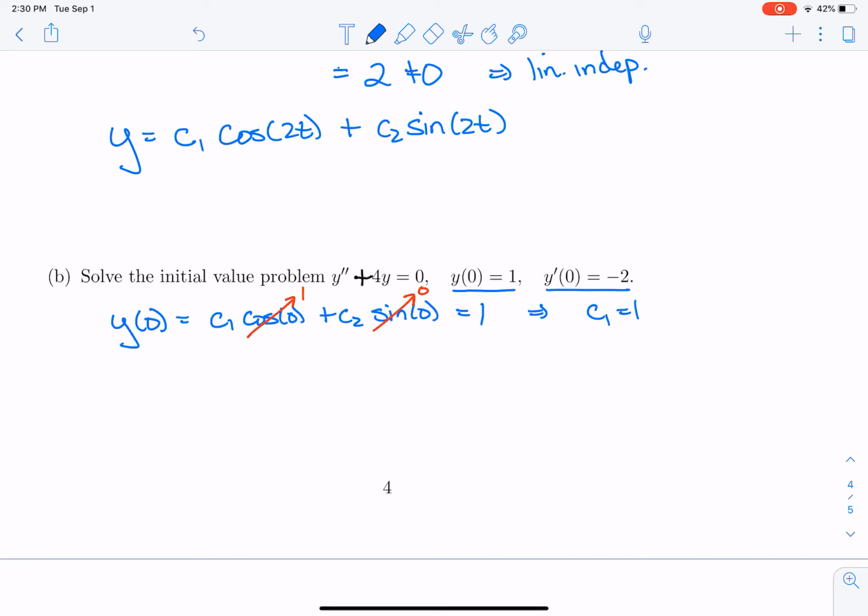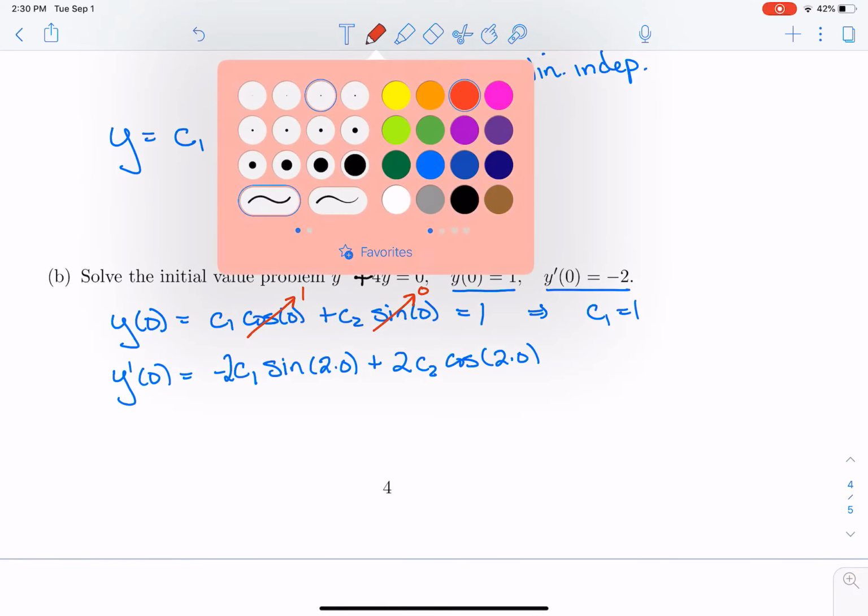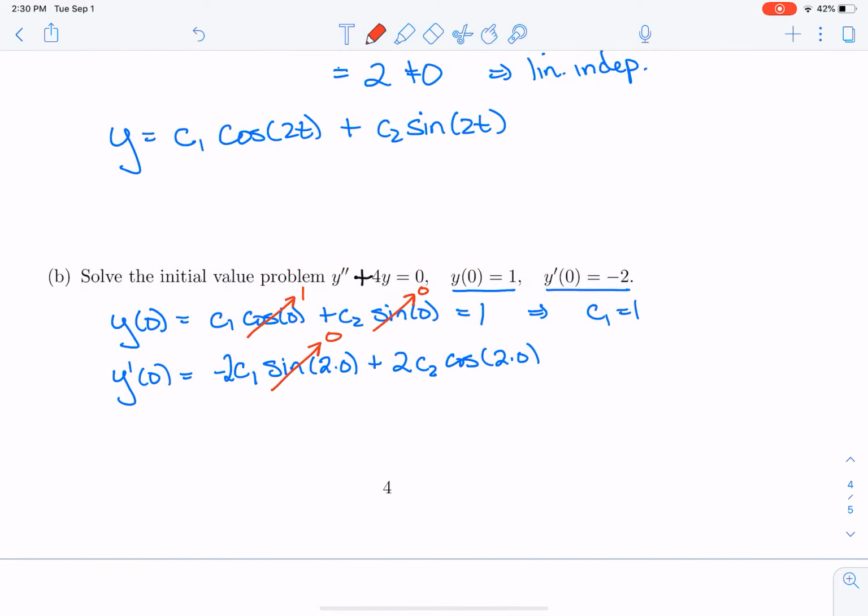And now I'm going to take the derivative. y prime of 0 is equal to negative c1 sine of 2 times 0 times 2. So there's a negative 2c1 sine of 2 times 0 plus 2c2 cosine of 2 times 0. Okay, and then sine of 2 times 0 is 0, and cosine of 2 times 0 is 1.